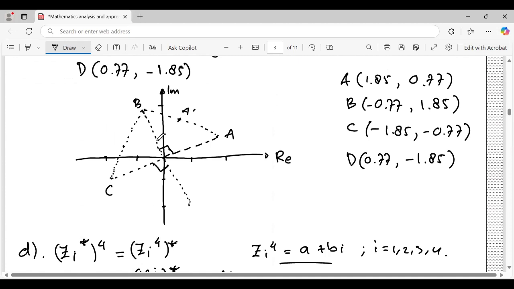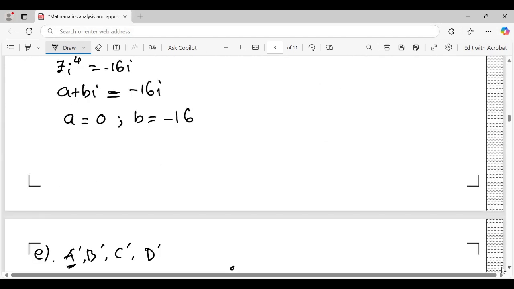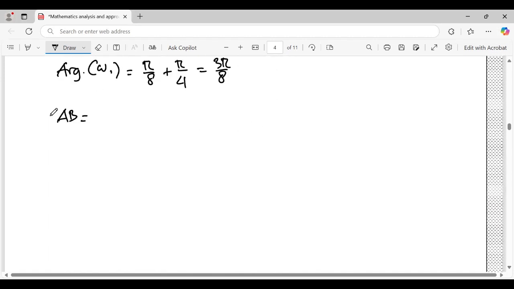Since the points are evenly distributed on a circle, we can calculate the distance AB as the diagonal of a square inscribed in a circle with radius 2. That's why the origin to A is 2 and the origin to B equals 2 as well. So AB equals the square root of 2 squared plus 2 squared, the square root of 8, which is 2 square root 2.